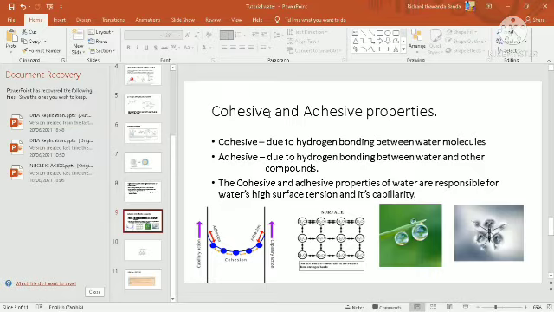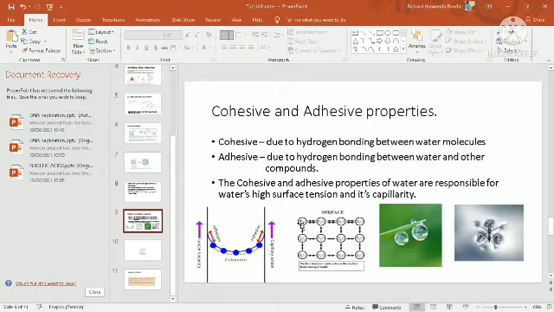This brings us to the other properties of water, which are that it has cohesive and adhesive properties. What cohesive simply means is that the water molecules stick together, and this sticking together between one water molecule and the other water molecule, as has been explained in this tutorial over and over, is due to the hydrogen bonding.